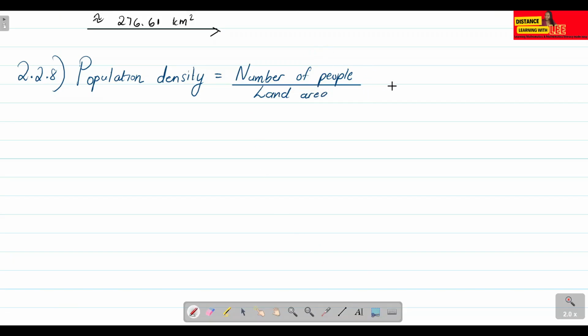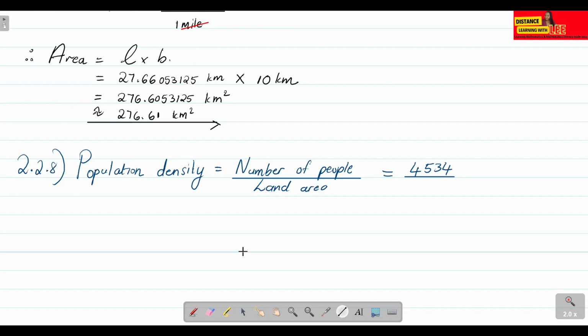So what were the number of people that was living in St. Helena in 2016? We were told that it was 4,534 people divided by what is the total area that we calculated. I'm going to use this value here.